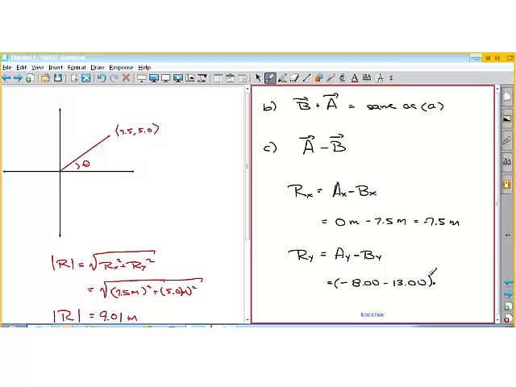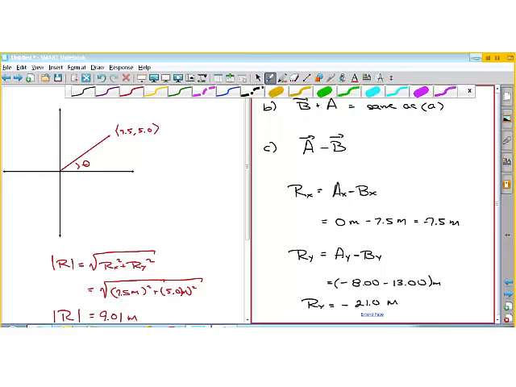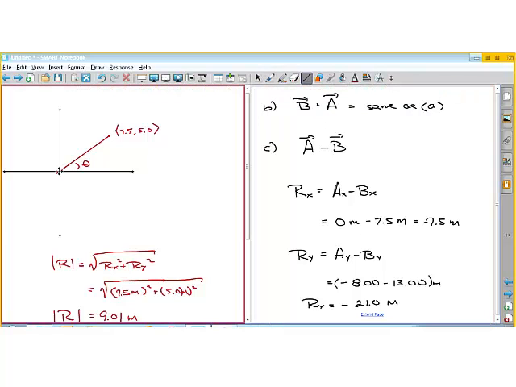Those are both meters. So I get negative 21 meters for r sub y. If I were to draw that on my diagram over here, r sub x is negative and r sub y is even more negative. So it's way down here like that.